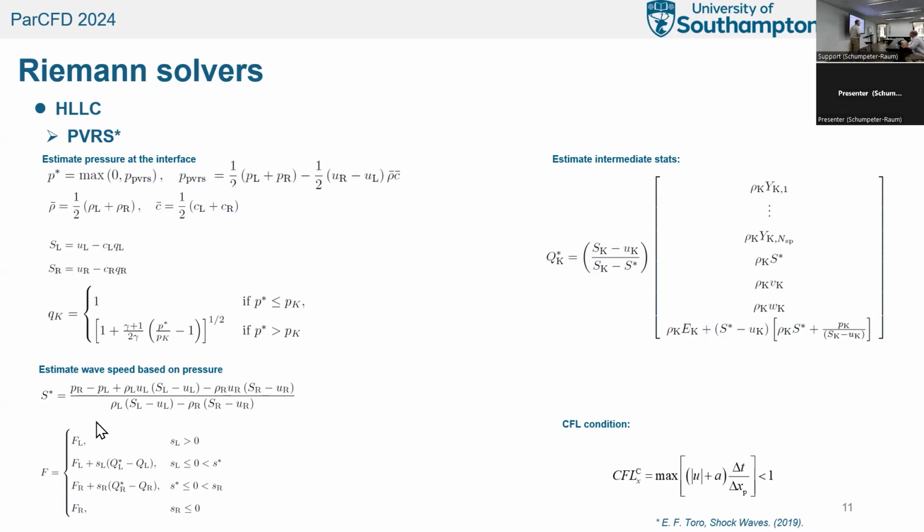The reason is that with non-premixed combustion, there is a well-known instability that can arise at material interfaces between different gases in temperature and pressure, and the HLLC solver deals better with that.